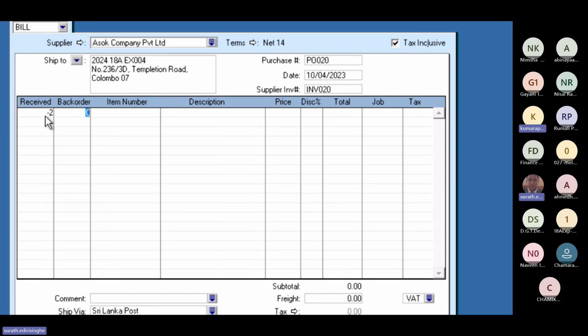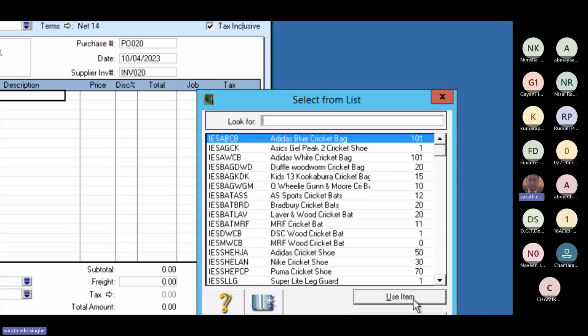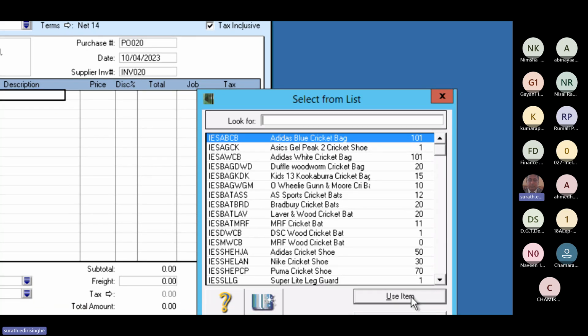Understood, Jivanta? Yes, sir. Deduct from our inventory, return item. Then go to the item number. Select the first one, Adidas blue cricket bag.